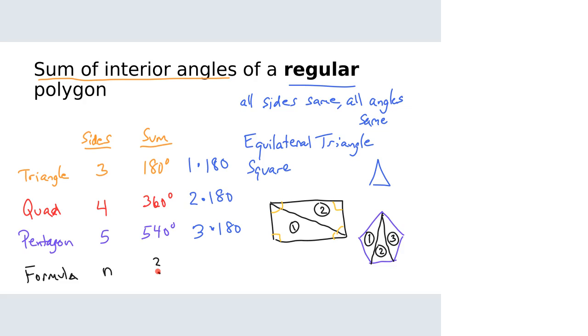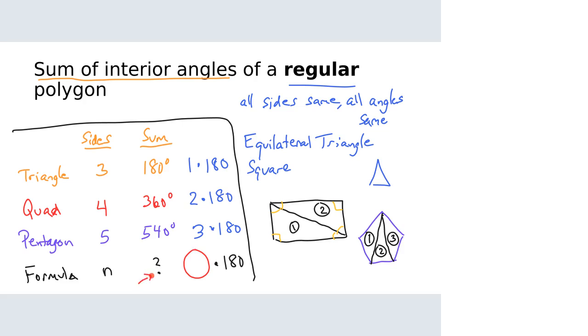I want you to take a minute and look at what we have here so far and see if you recognize a pattern of how to figure out how many times we need to multiply by 180 to get the sum of the angles inside a figure. And I guess what I'm asking you for is, what would have to go right here that we would multiply by 180 to figure out the sum of the angles inside any parallelogram, or excuse me, polygon?